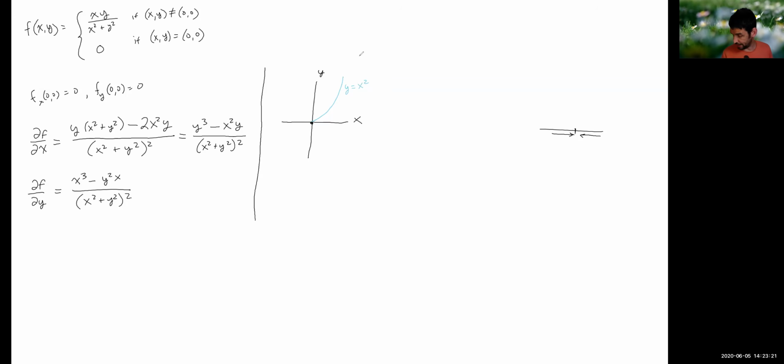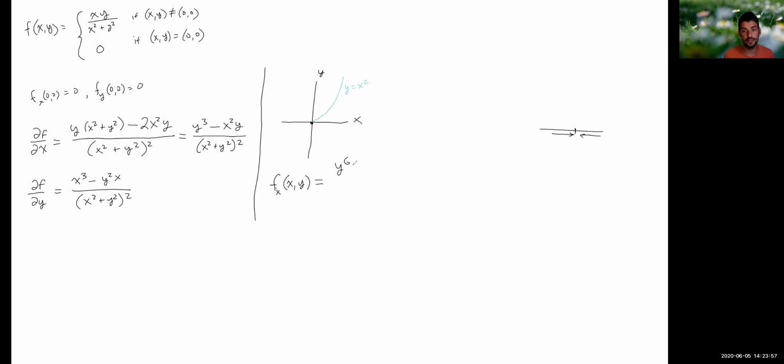So with that in mind, let's look at, for instance, f of x, xy, along this path where y equals x squared. I did it differently in my notes, but I think it should be all right. Hopefully we can work out the same algebra. We're going to look at the point along the path y equals x squared, so for every y, I'm going to put in an x squared.